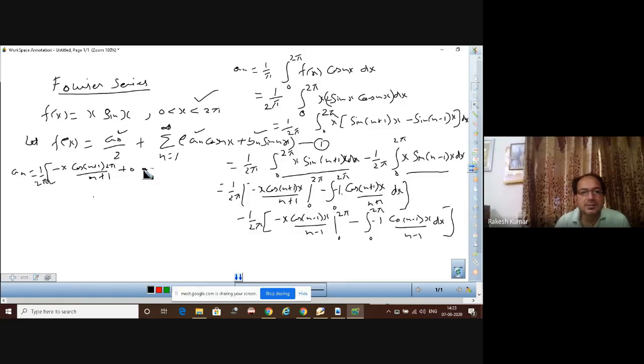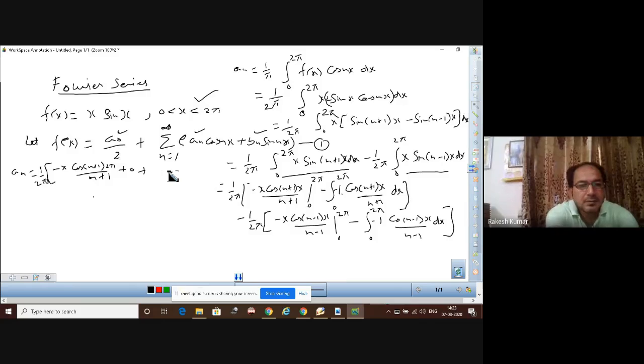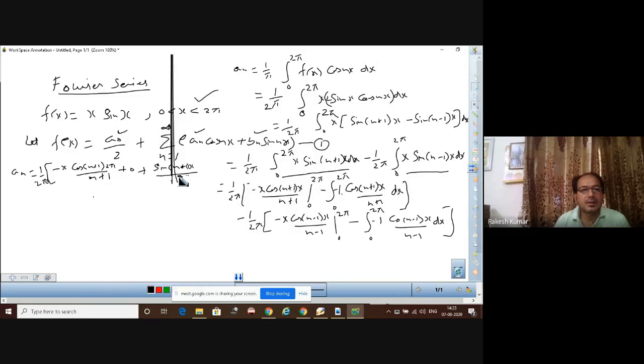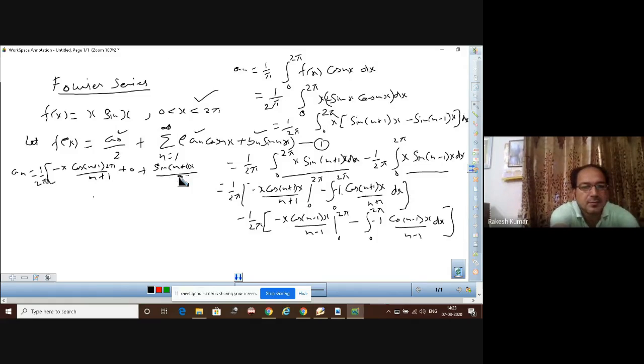Integration of cos is sine, so it comes out to be sine of (n plus 1)x over n plus 1, and n plus 1 square, because n plus 1 is already there.